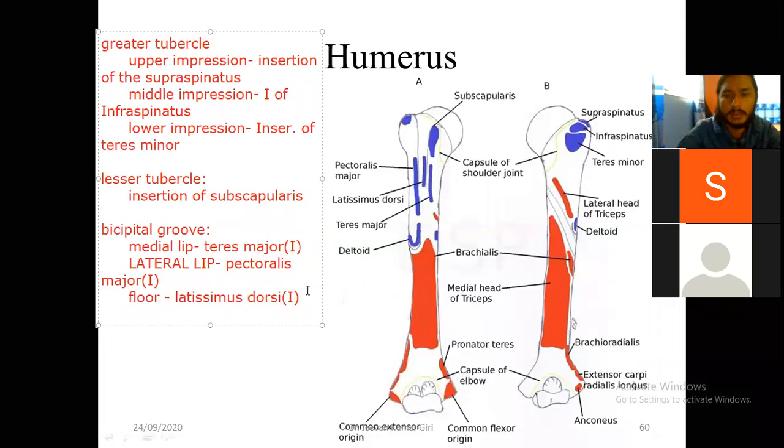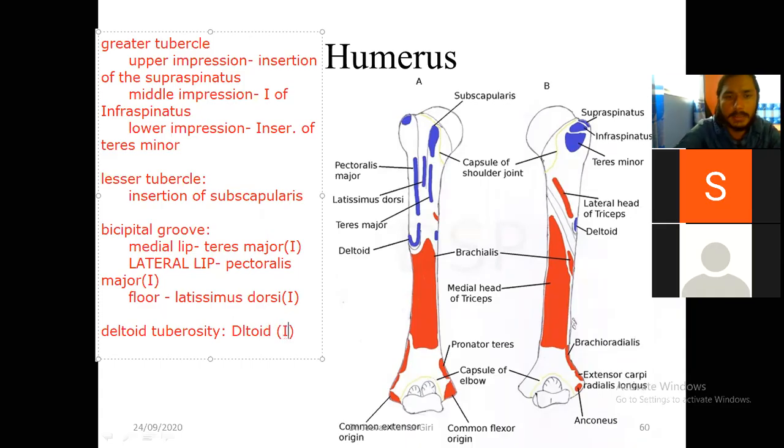Are you there? Next, see here. Now we'll see the deltoid tuberosity. In the deltoid tuberosity there is the insertion of the deltoid muscle. So the deltoid muscle is inserted here.